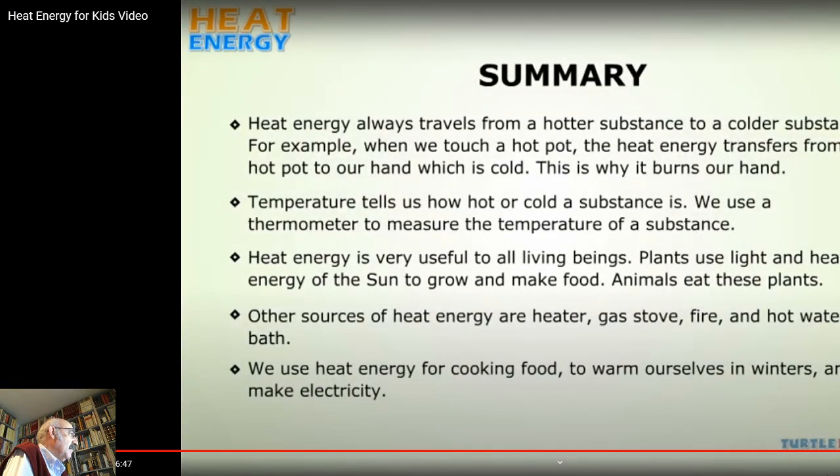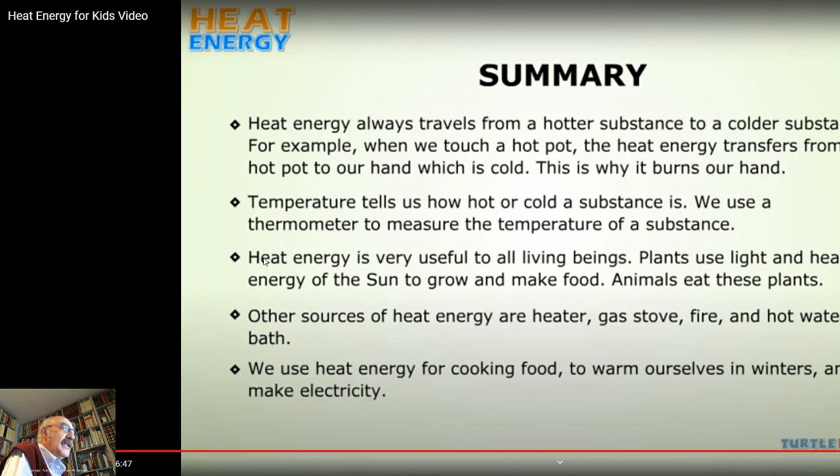Here is the summary of the lesson. So heat energy always travels from a hotter substance to a colder substance. Another important thing you have to remember is that temperature tells how hot or cold a substance is. We use the thermometer as a tool to measure the temperature.